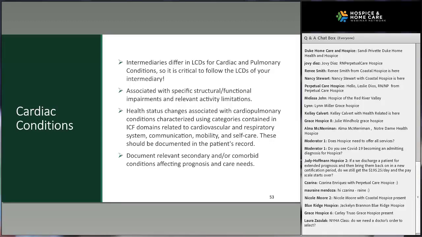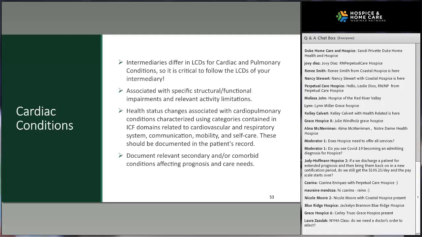They're associated with specific structural, functional impairments and relevant activity limitations. So again, we've got the ADLs and activity there. Any health status changes associated with cardiopulmonary conditions characterized using categories contained in ICF domains. So that's functional domains that we're looking at.